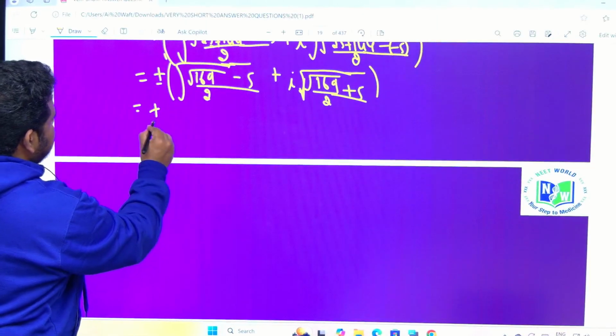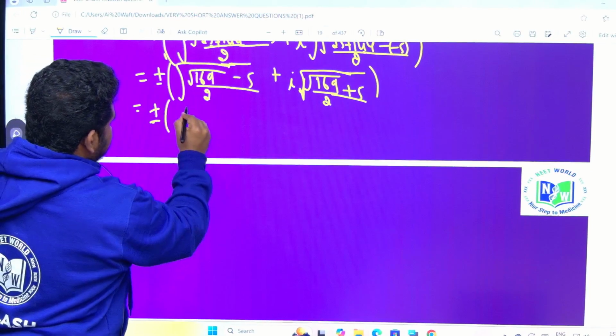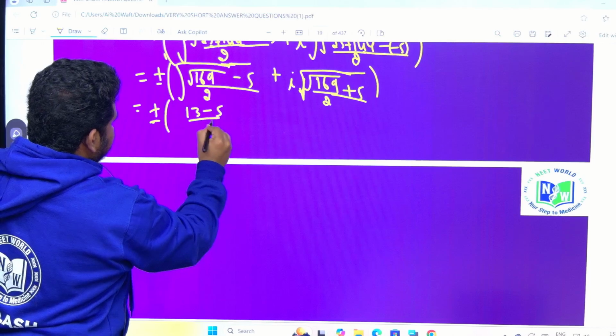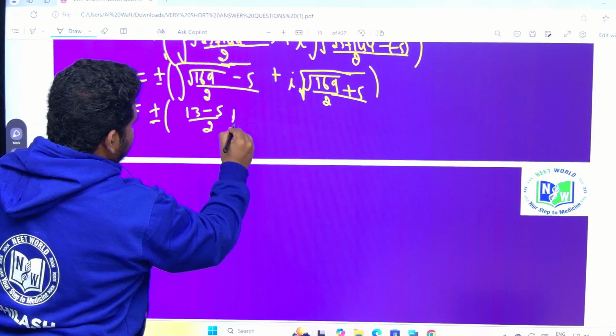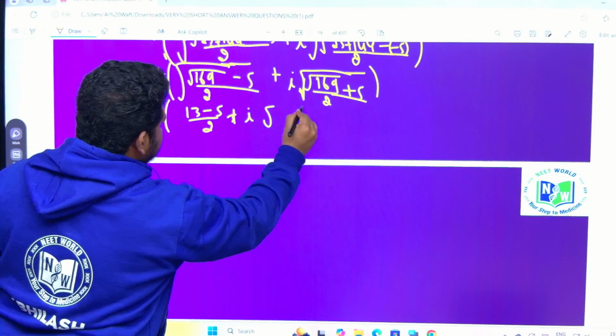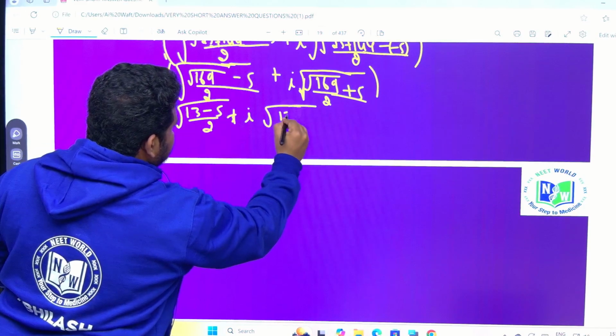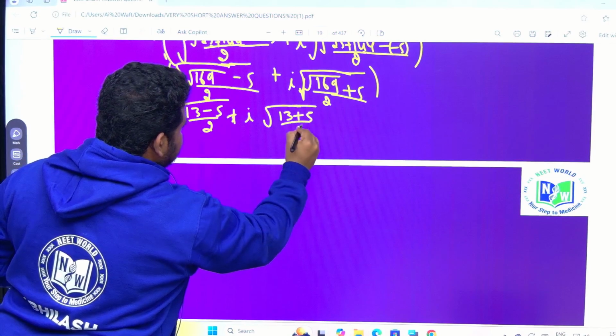So this will be plus or minus root of 169 is 13. So this will be 13 minus 5 by 2, plus i into square root of 13 plus 5 by 2.